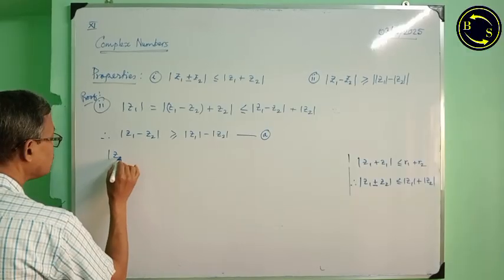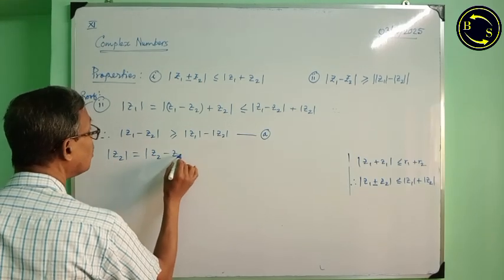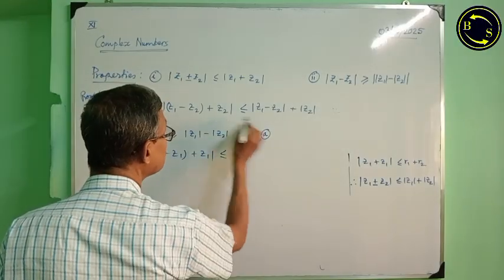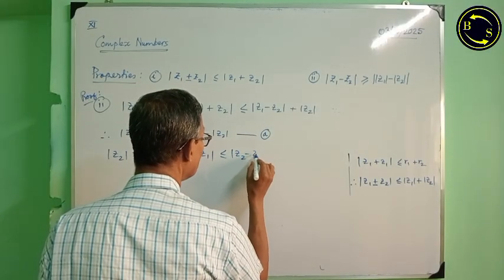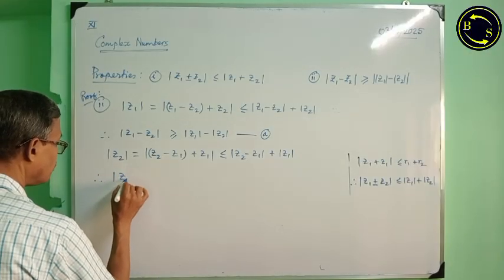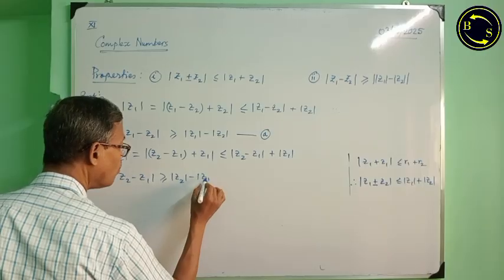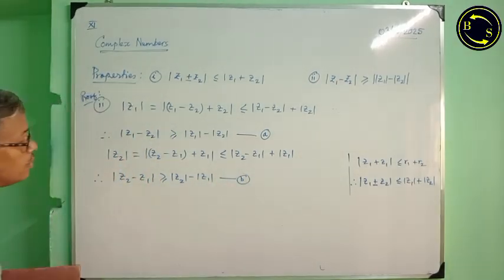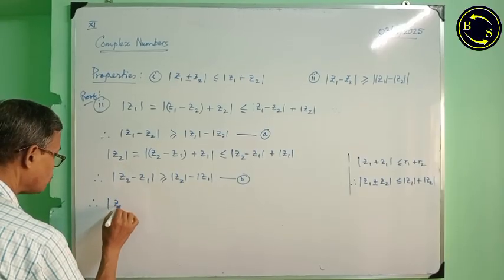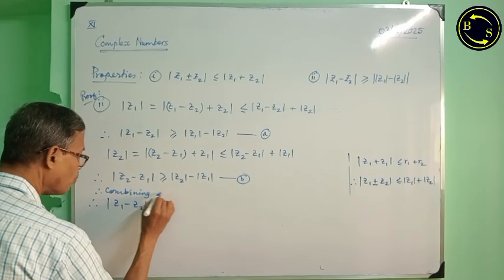Then we can write modulus of z2 is equal to, using the similar concept, we can write relation B. Therefore, if we combine now these two, A and B, we get modulus of z1 minus z2.